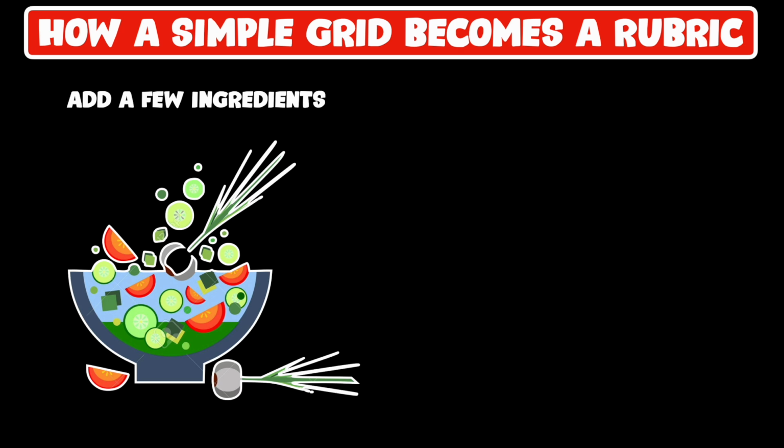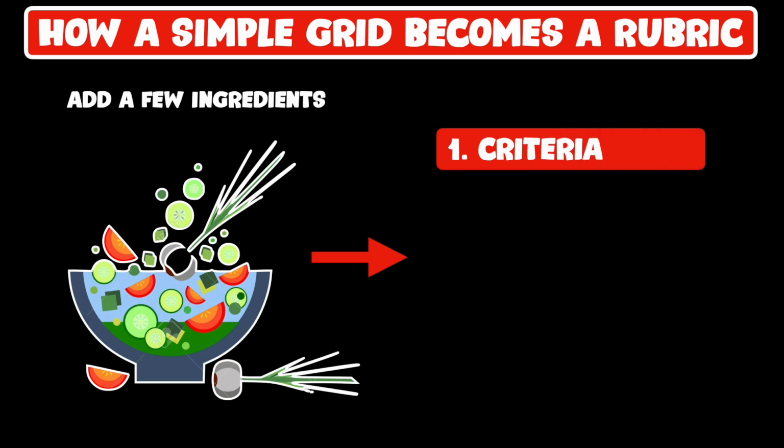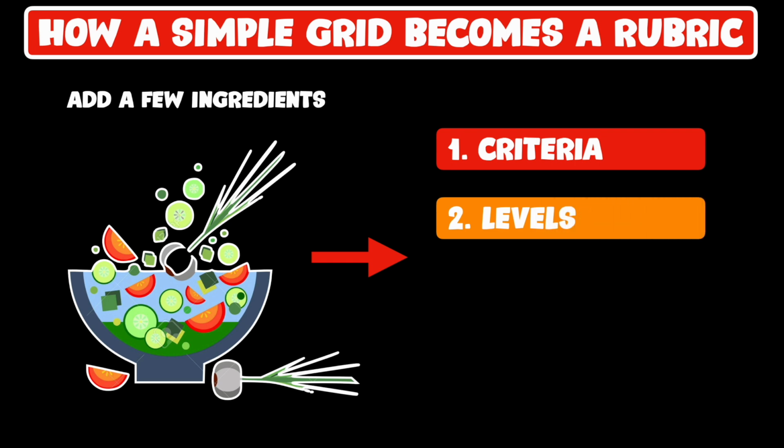Let us have a look at the list of ingredients. The first ingredient that can convert a simple grid into a rubric is the criteria or aspects of performance we're going to assess. Next, we need to assign some levels to these criteria. For example, a beginner's level, intermediate level, or advanced.